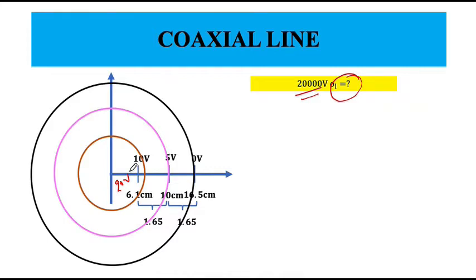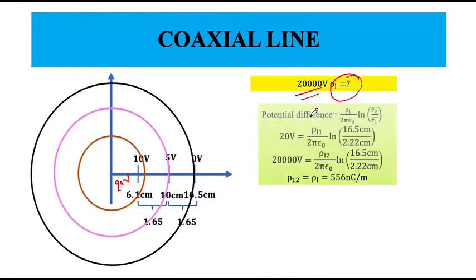Now that we have increased from 20 to 20,000, what will be my new value of rho L? You can easily calculate it by going back to the rho L by 2 pi epsilon naught expression. You have increased the potential by a factor of 1000, so the charge should also increase by a factor of 1000.